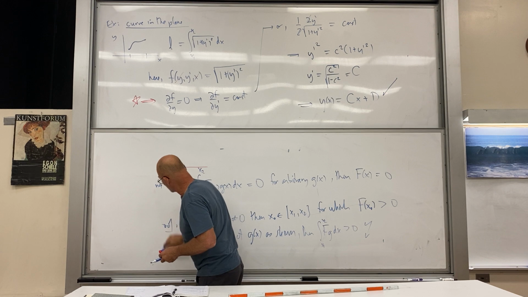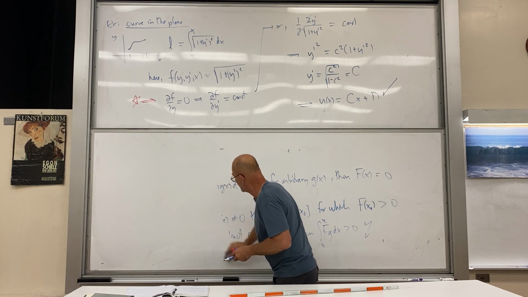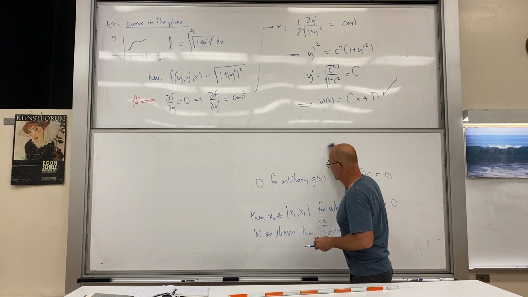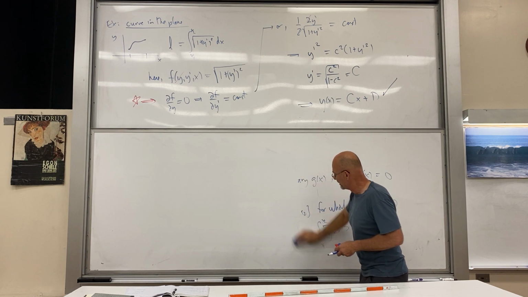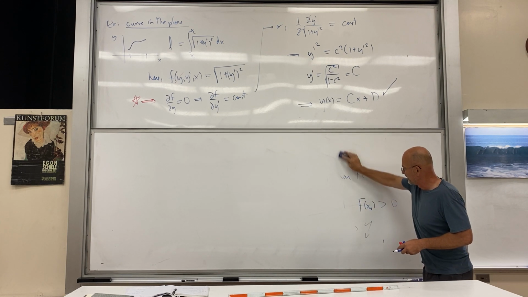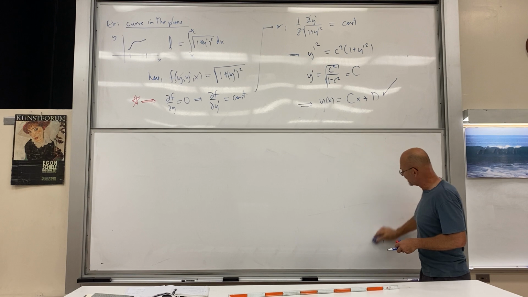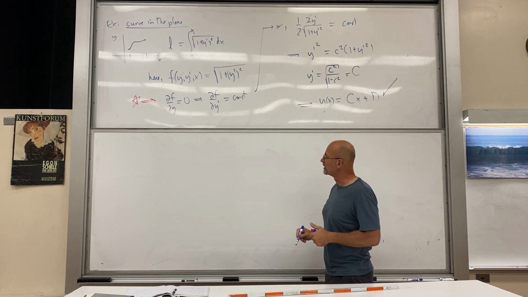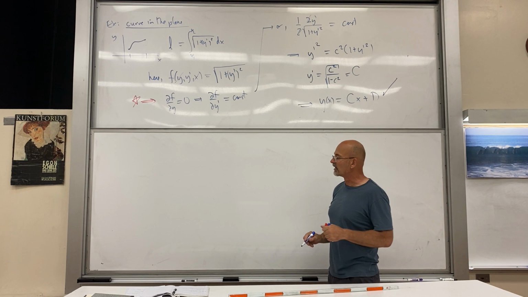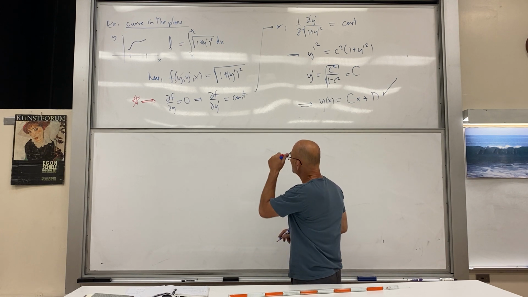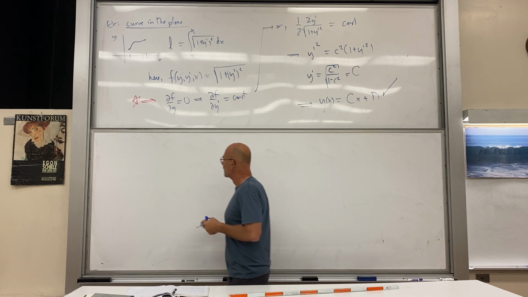Now, I'm going to generate a couple more. And in fact, you know what I think I'll do? I'll formulate some homework problems now while I'm on the subject. So, homework.